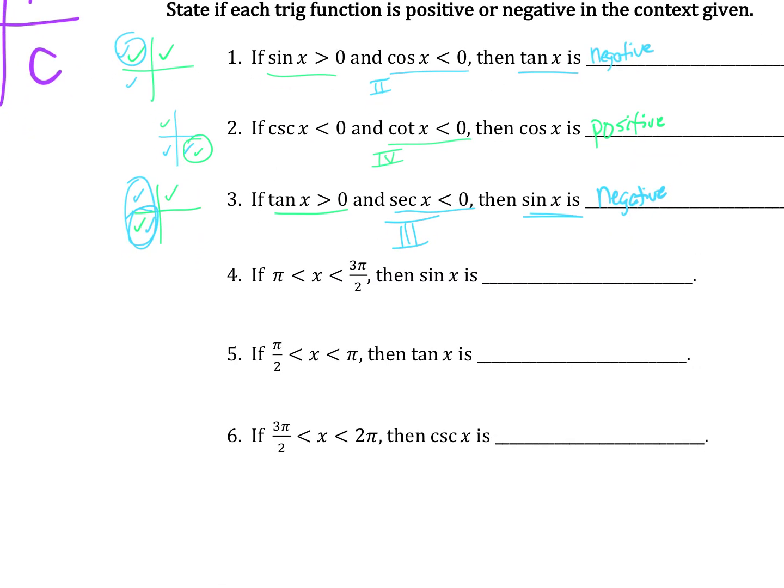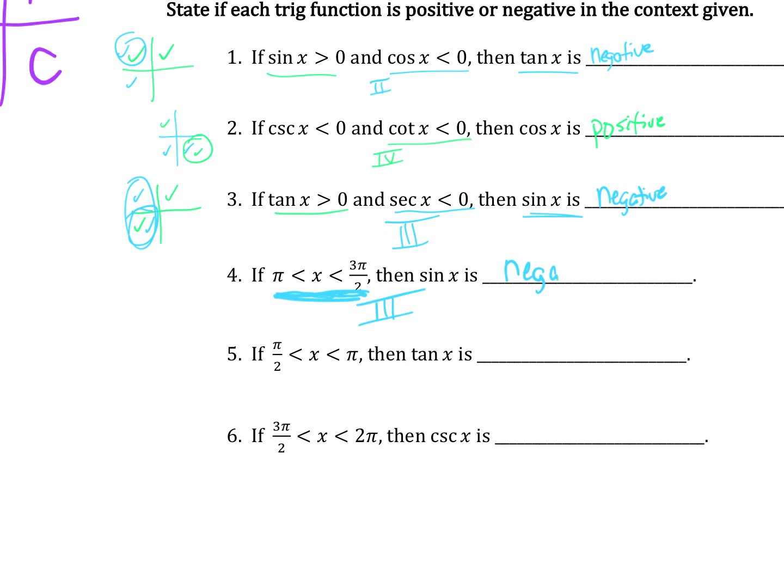These next 3 problems are a little bit different. They're asking you to think about the interval here. If you need to look up here at the unit circle, then do. If we're talking about the interval from pi to 3 pi over 2, what quadrant is that? 3. Yeah, that's quadrant 3. And the sine value in quadrant 3 is what?